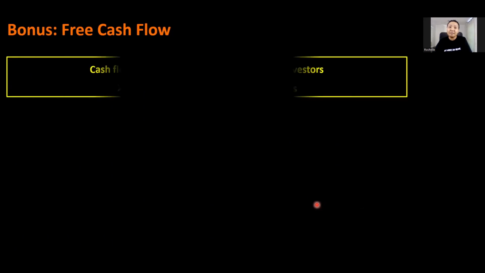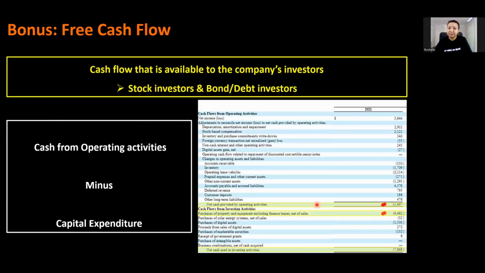Now, what are the numbers that I care about on a cash flow statement? This is exactly the same thing. It's the free cash flow. And this confuses people sometimes, but it really is very, very simple.